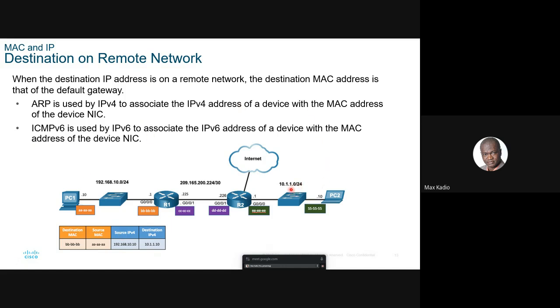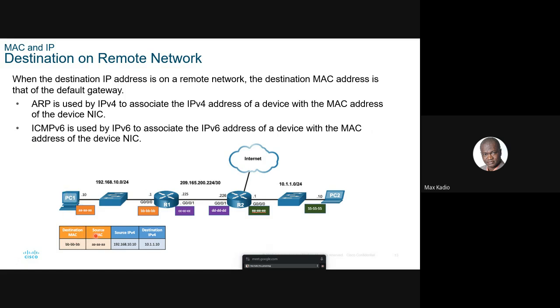It's like I want to dial your number. So destination 1.10. This one will never change while the packet is traveling. But now, what about the MAC address part?